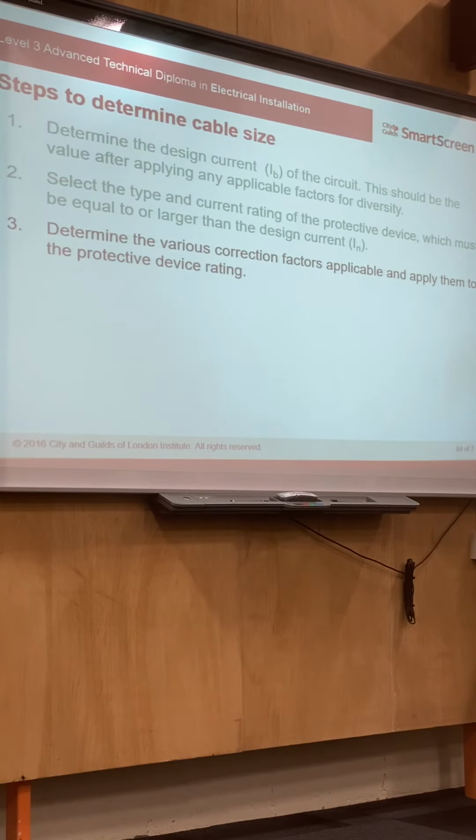What sort of correction factors can you remember from last year? Grouping. Ambient temperatures. How it's installed. Trunking isn't a correction factor for us, I'm afraid.